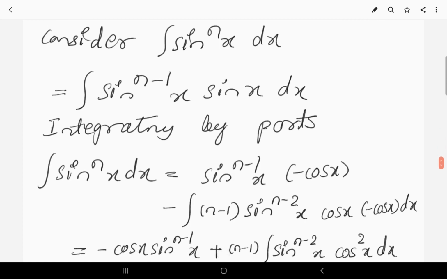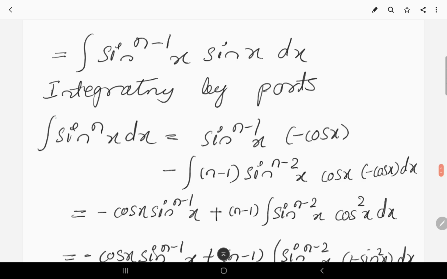We will derive this formula by integration by parts. We know integration of u into v is equal to: first we integrate any one with the other kept constant, next minus the integration of the differentiation of the first one into the integral we already found, again integrated. This is integration by parts.